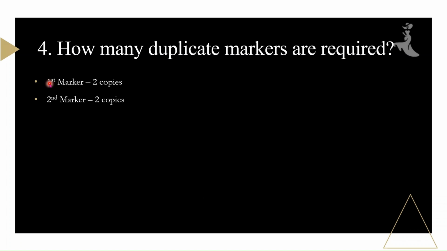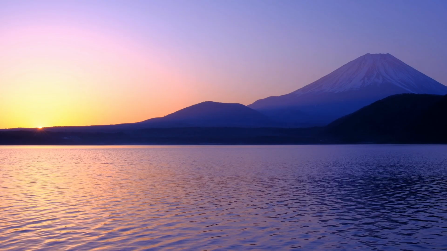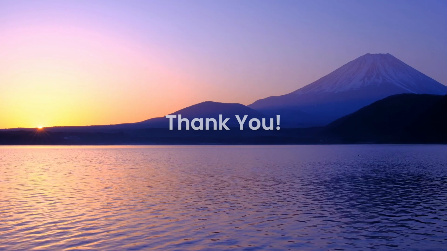Two copies from the first marker and two copies from the second marker, because these are the instructions that you have given to the marker makers. You can duplicate copies, or nowadays you can get them straight from the plotter. It's like a computer printout, but you have to get two copies from the first marker and two copies from the second marker.